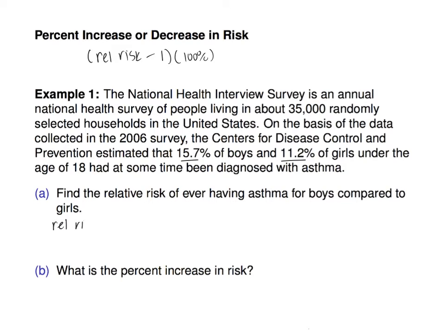So the relative risk is equal to 0.157 over 0.112. And the whole boys compared to girls means boys go in the numerator. So that is about equal to 1.4. So what you could say there is that boys get asthma at a rate 1.4 times higher than girls.